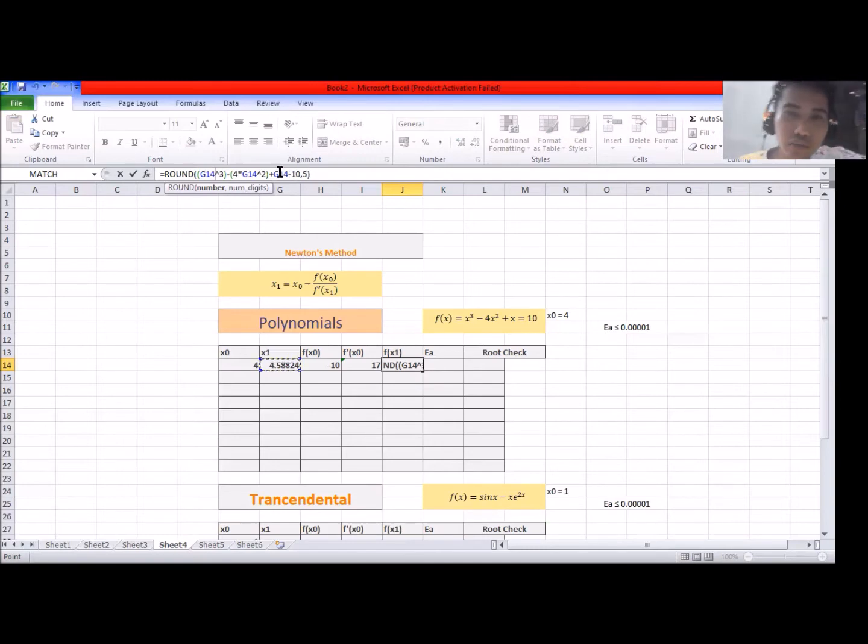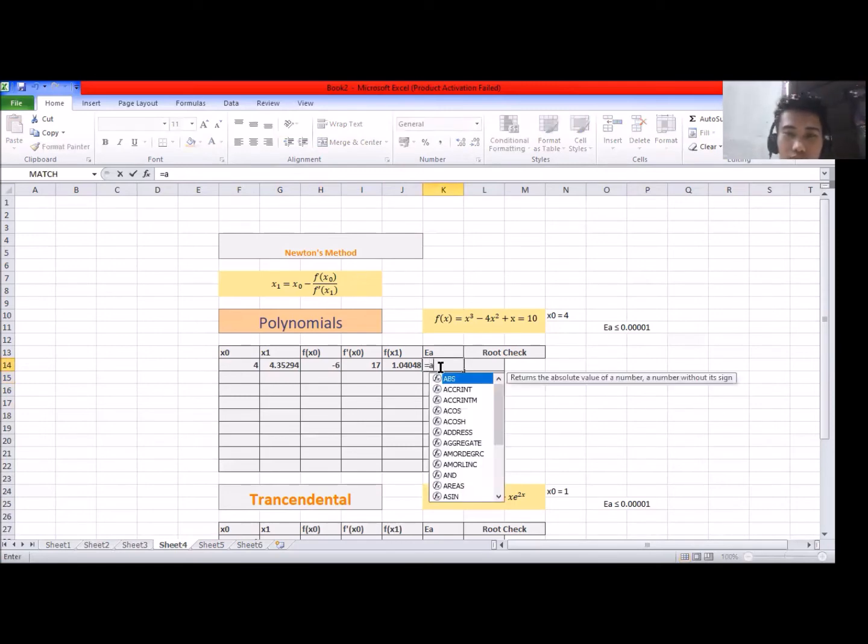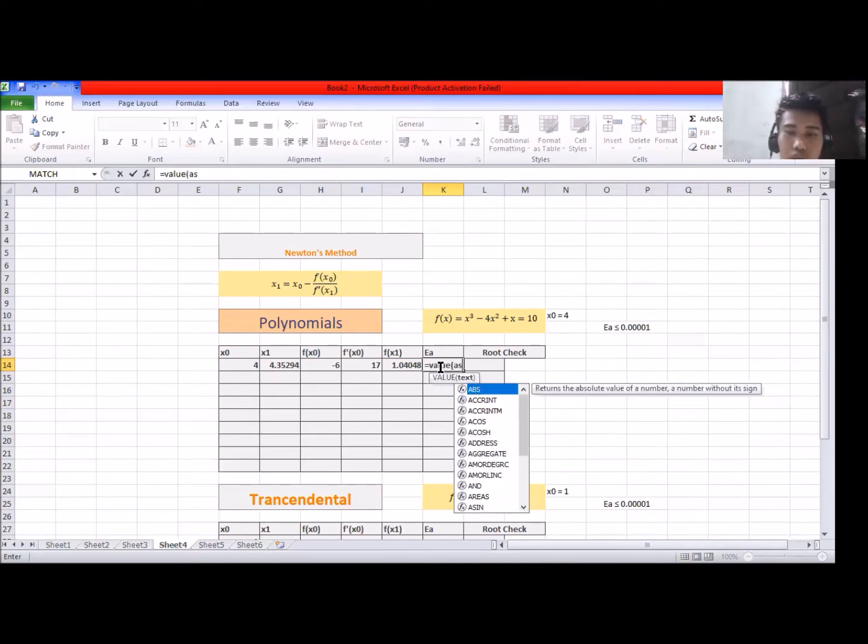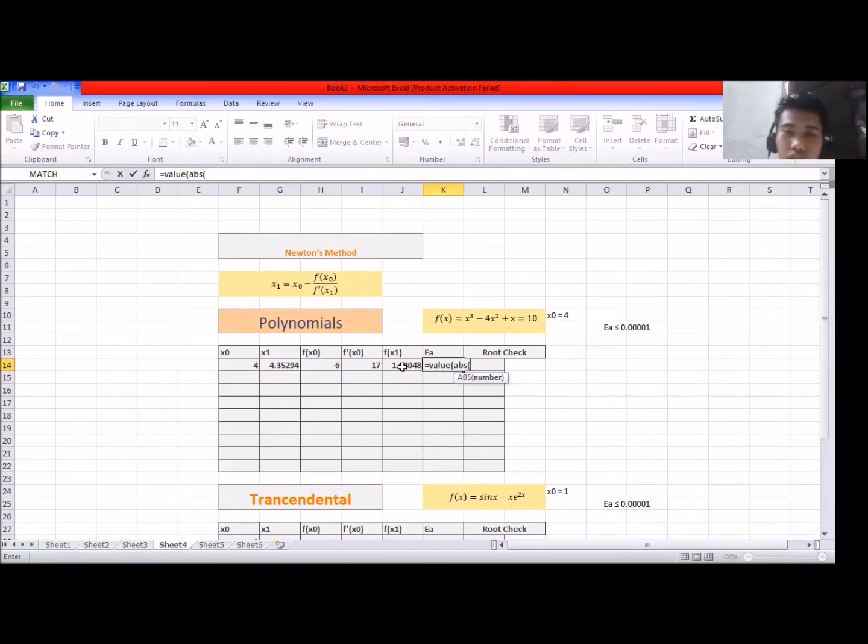Now we get the initial value of -6. Then we have the absolute value of f of x for the initial or estimated root.